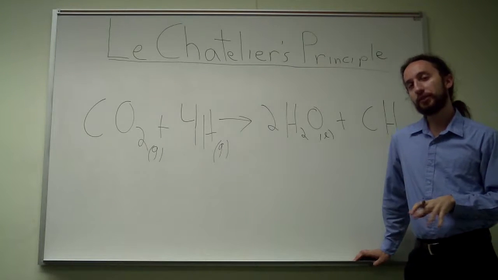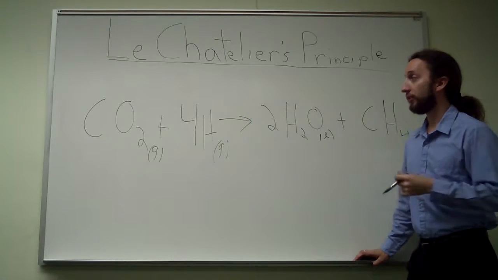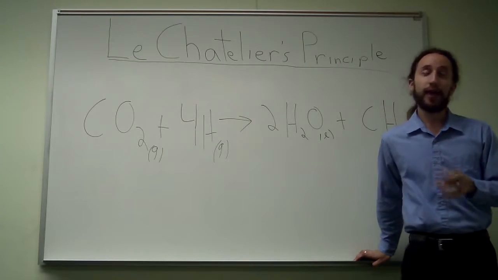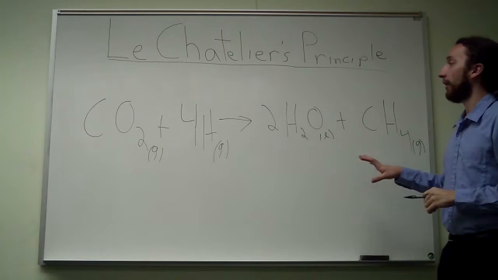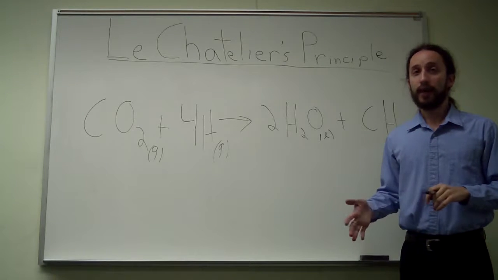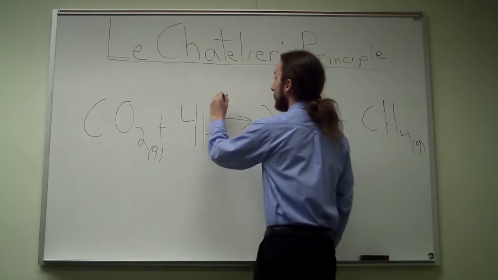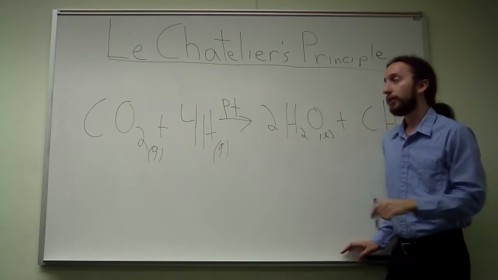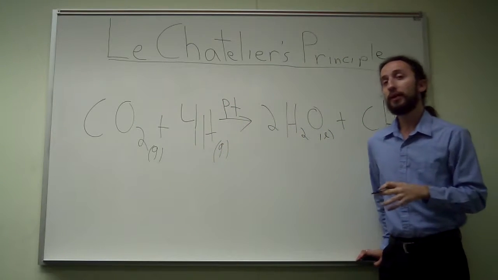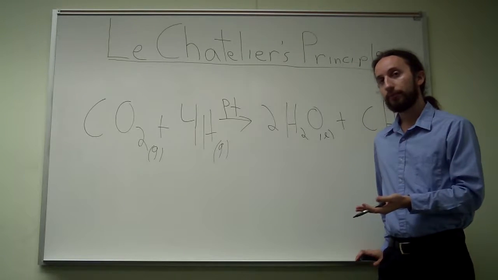Now, there's kind of a similar related phenomenon that tripped me up too, and that's the presence of a catalyst. Now, this is actually the Sabatier reaction and works much better in the presence of a catalyst in the real world. So let's say you have a platinum catalyst added to this reaction. Now that'll speed it up. What do you think will happen?